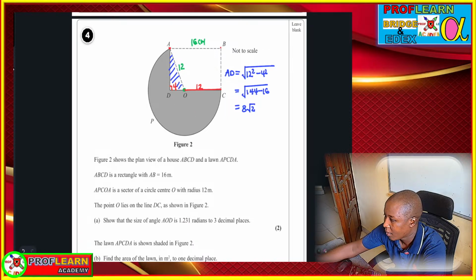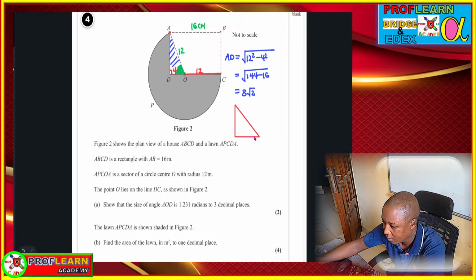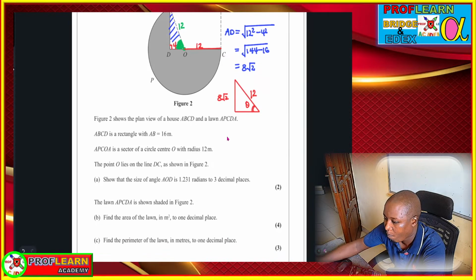So in order to work out that angle, we are going to use that triangle, and of course this triangle is like that. We can use SOHCAHTOA, that way we shall work out this angle theta. This is 8 root 2, and also we have 12.